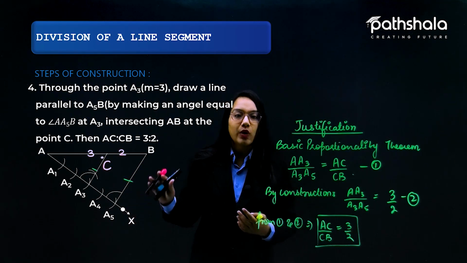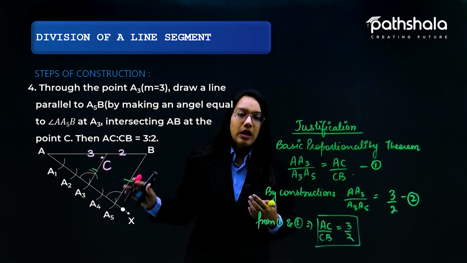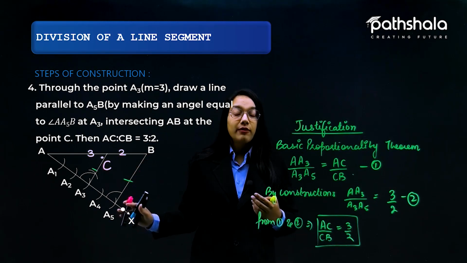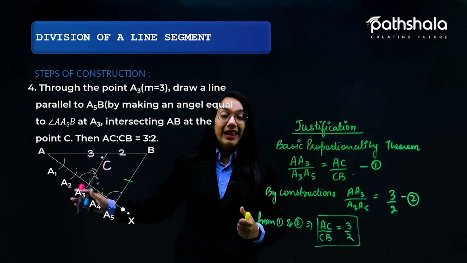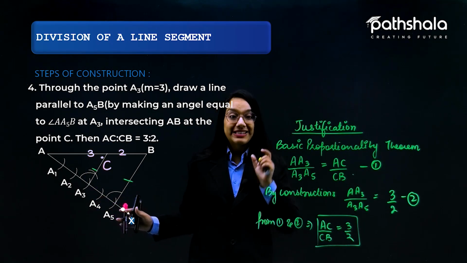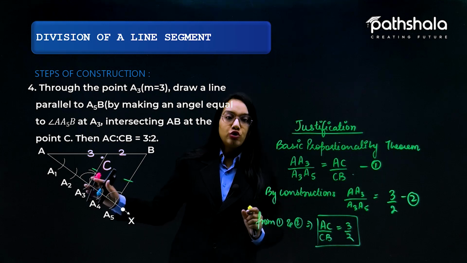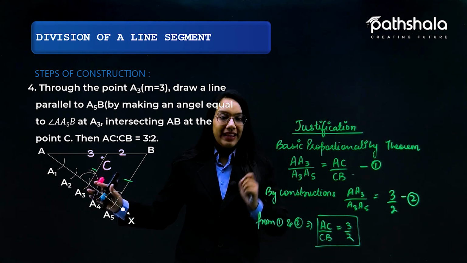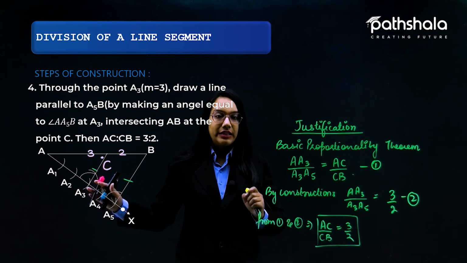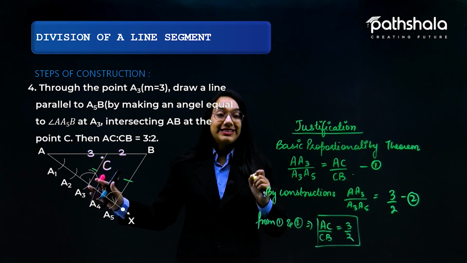At the end we have to join B with the last point, measure the angle which it is making with the ray AX, and with the same angle draw a line at the point A3 using the compass.